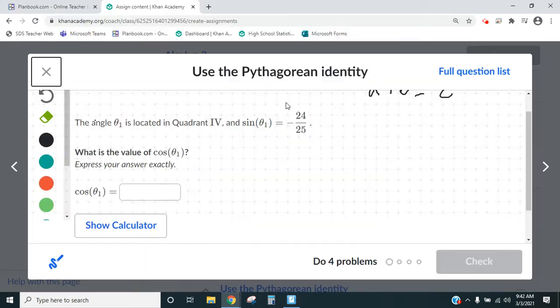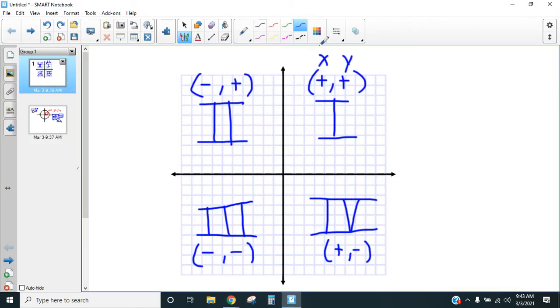Here we go. All right, it says the angle, theta 1, is located in quadrant 4. And the sine of theta is equal to negative 24 over 25. First of all, it's in quadrant 4. So let's look here. What we're talking about is quadrant 4, where all of the x's are positive and all the y's are negative.